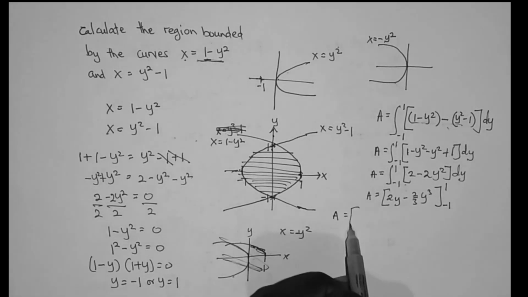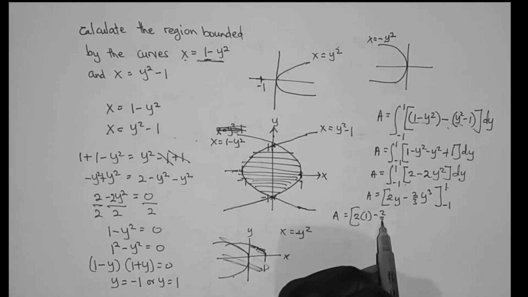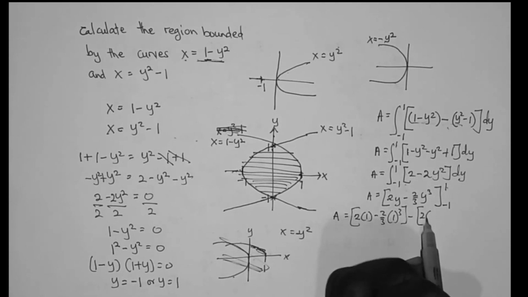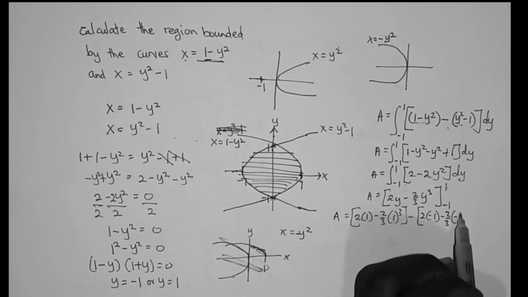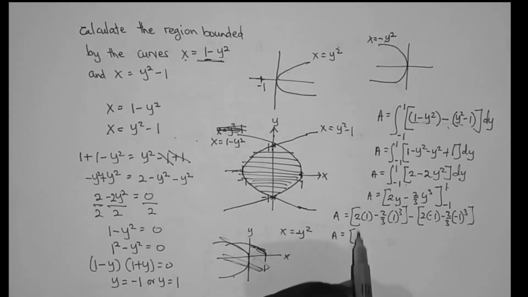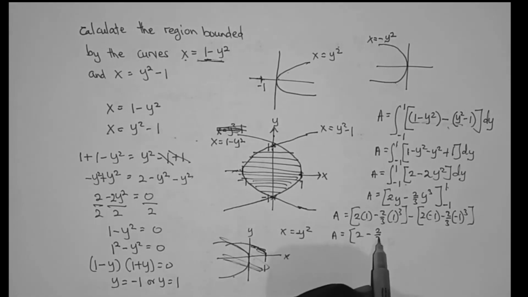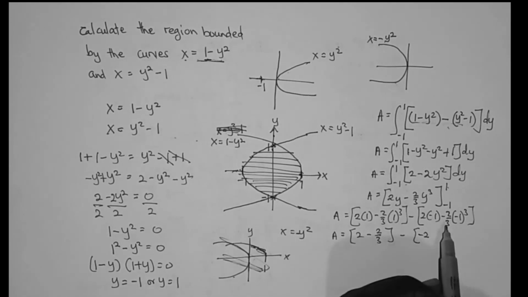A is equal to, putting in the upper limit, 2 times 1 minus 2 over 3 times 1 cubed, then minus, in brackets, 2 times minus 1 minus 2 over 3 times minus 1 cubed. So the area A equals 2 times 1 is 2, minus 1 cubed is 1 times 2 over 3 becomes 2 over 3. Then minus 2 times minus 1 is minus 2, minus 1 cubed is minus 1 times minus 2 over 3 becomes plus 2 over 3.